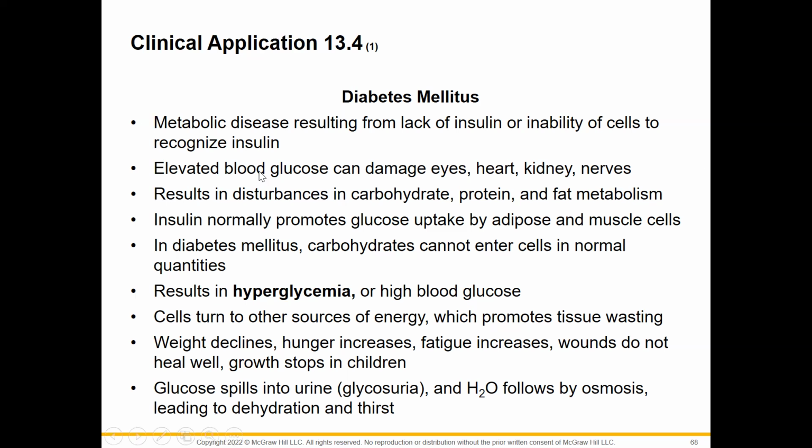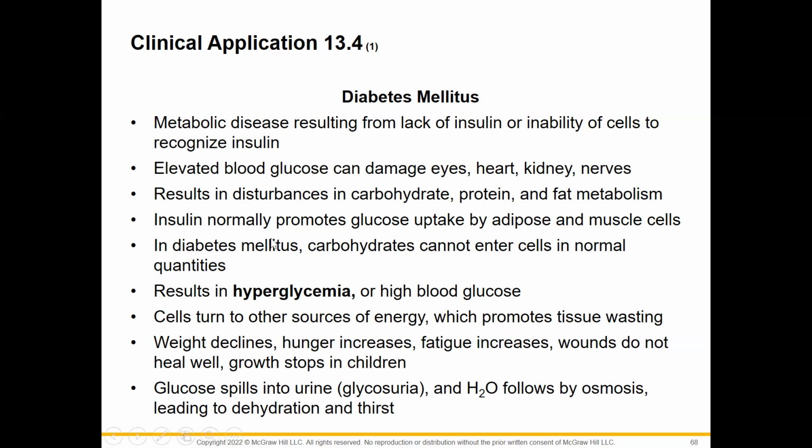So that increased blood sugar will go into these different organs and start to damage those tissues. It results in disturbances in carbohydrate, protein, and fat metabolism. I mean, you can't really metabolize things when you have all of this sugar floating around, taking up space, getting in the way, and sticking to things.